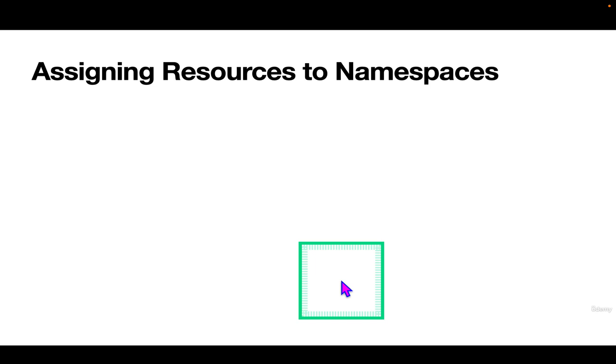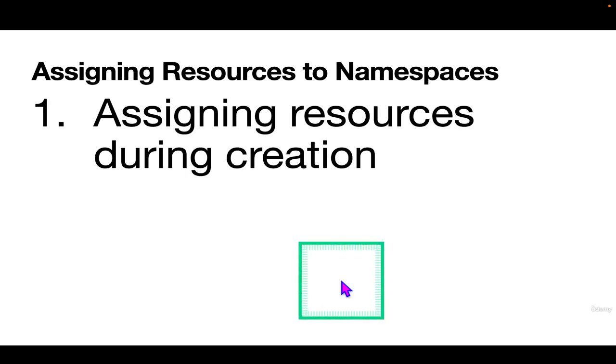Assigning resources to namespaces. Assigning resources during creation: when creating resources like pods, services or deployments, specify the namespace using the --namespace flag or by including it in the YAML configuration file.